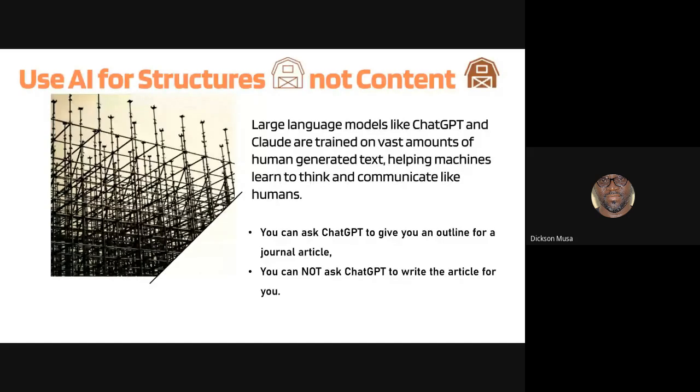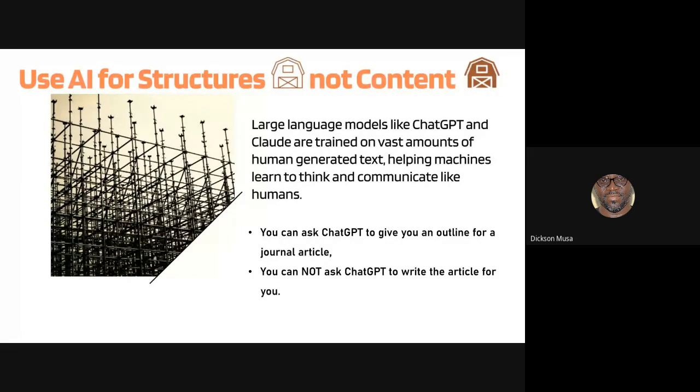Giving you an outline helps you to now write, because it gives you a direction of how your writing should go. But when you ask it to write for you, it sometimes writes a lot of wrong information and it will appear nice to you. Then you take it up and you are held for plagiarism or doing things that are unethical. So use AI for structures, not for content.